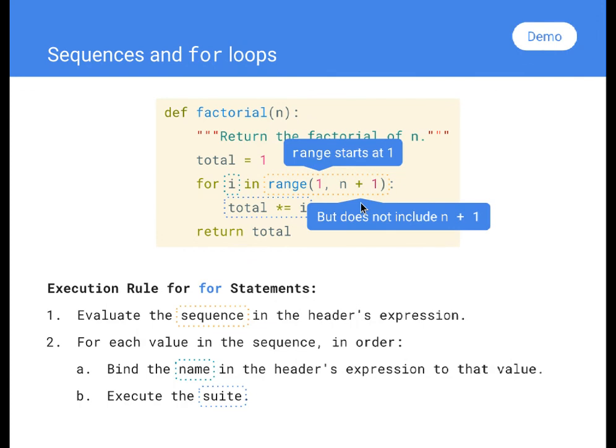Jay, did you have a question? What is the difference between iteration and loops? It seems the same. Jay's question: what's the difference between iteration and loops? I think if you're using it casually, you might mean the same thing.